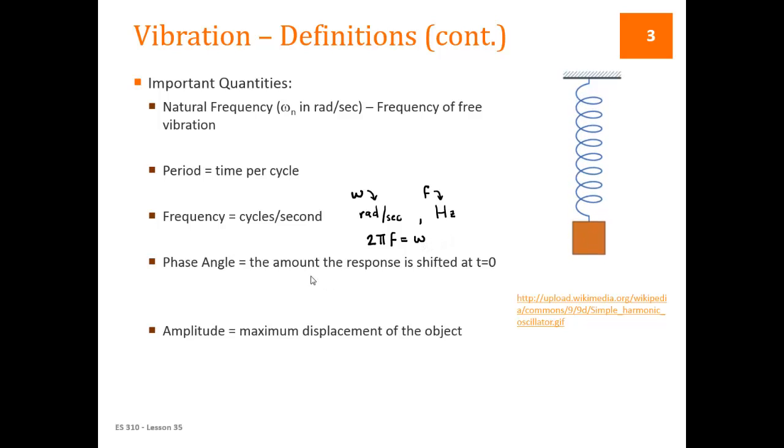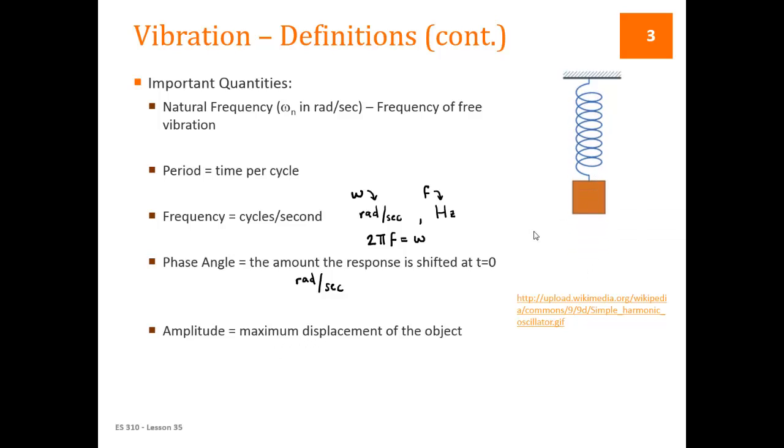The phase angle is the amount that the response is shifted at time equal to 0. So if we don't start at x equal to 0, we start at x equal to some other point, that can be translated into a phase angle, and it's measured in radians. And finally, the amplitude is the maximum displacement of an object.